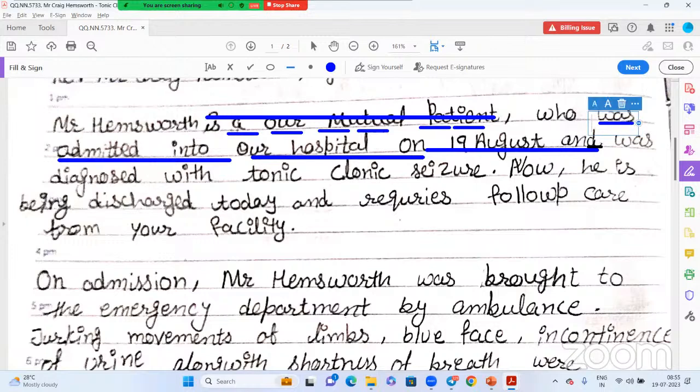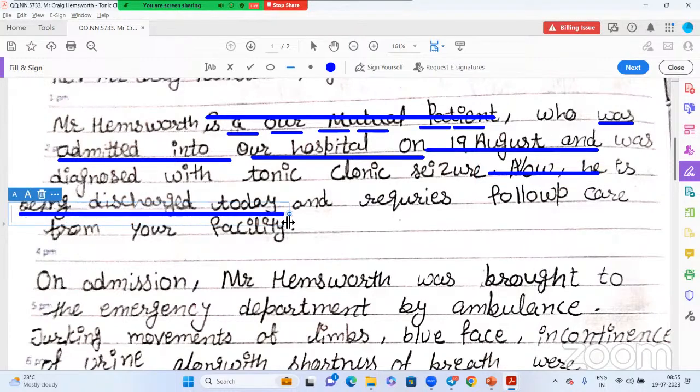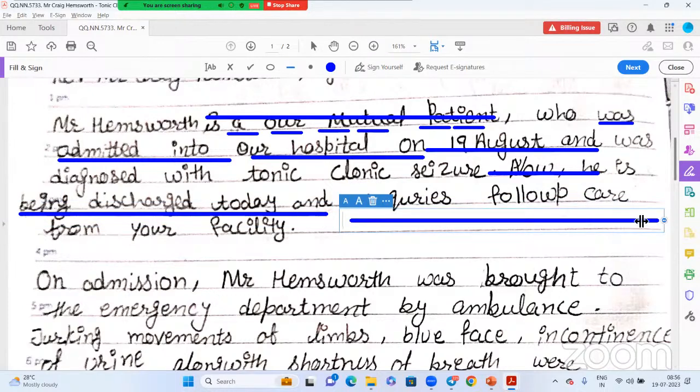Mr. Hemsworth, who was diagnosed with the tonic clonic seizure, remove this. This is not required. He also is not required. Mr. Hemsworth, who was diagnosed with the tonic clonic seizure, requires this right afterwards. Requires follow up.